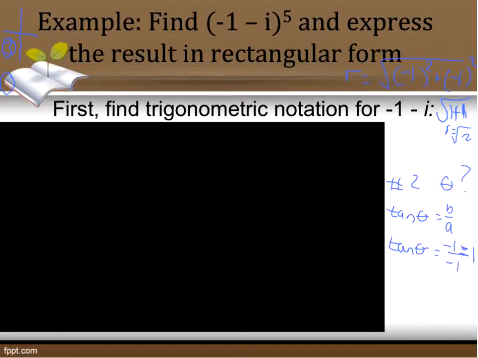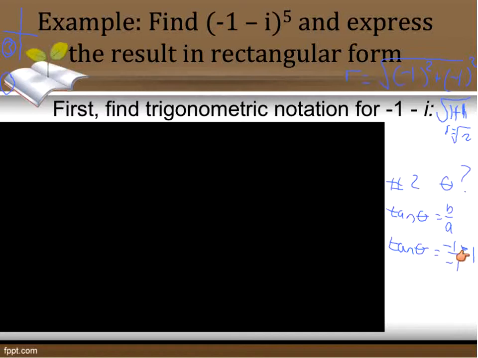So let's look on our chart. Again, if you guys need me to re-give you this chart, where you guys look this up, I can. But this is just your formula. Tangent theta equals b over a. This is always how you find theta, always. What do I plug in for b? You go back up to your original problem. b is your second term, that's a -1. a is your first term, that's the -1.